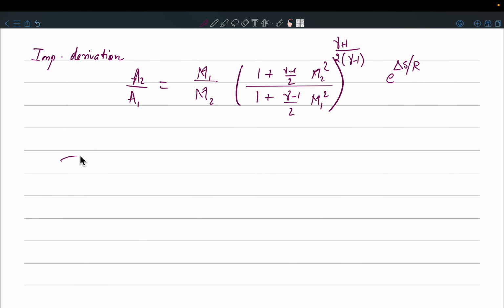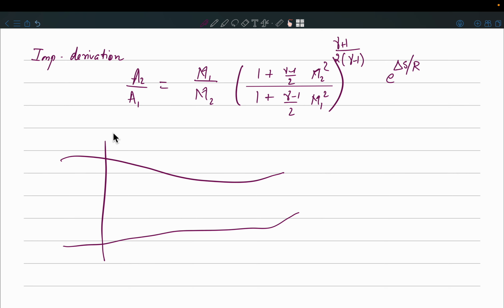So you have some duct. Let's say we have some duct over here, and I have considered this section A1 and this section A2, and the flow is, let's say, isentropic over here. Then from A1 I can imagine a situation where A1 is taken to A1 star.